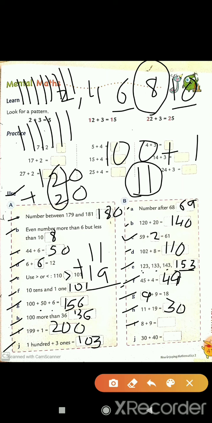Next, 8 plus 9 is equal to 17. Next, 30 plus 40. Students, just add 3 and 4. 3 plus 4 is equal to 7, and write 0 as it is. So our answer is 70. Got it, students?